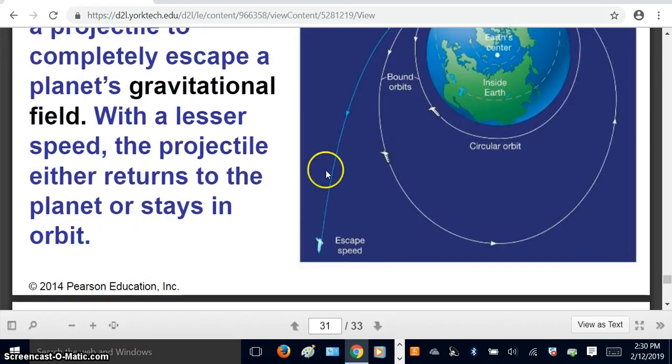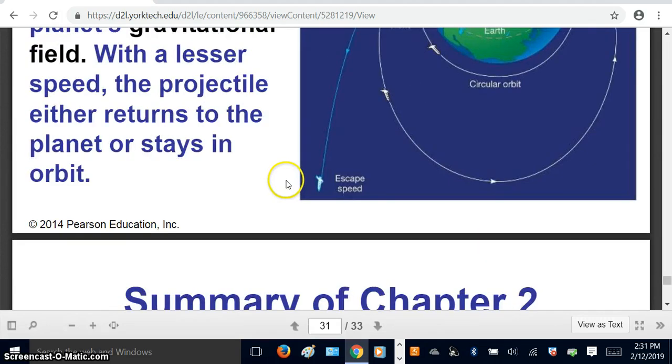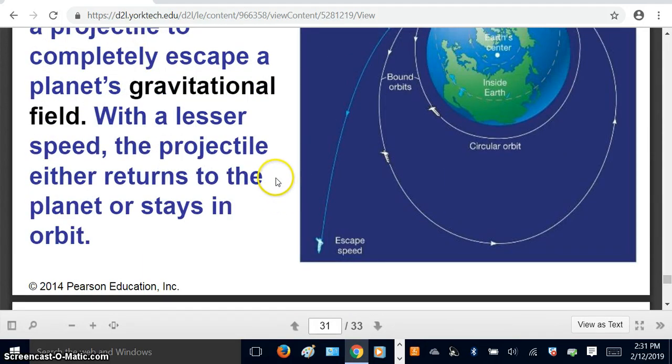If it's going slower than that, it of course either comes back to the Earth or it'll go into orbit. But to leave the Earth and never come back, that's called the escape velocity or escape speed. Newton actually worked out the value of it. It's right around 26,000 miles per hour. So it's not an insignificant speed at all. And of course, it takes rockets to be able to reach that kind of speed, right? You can't throw a ball up into the air anywhere near 26,000 miles per hour.